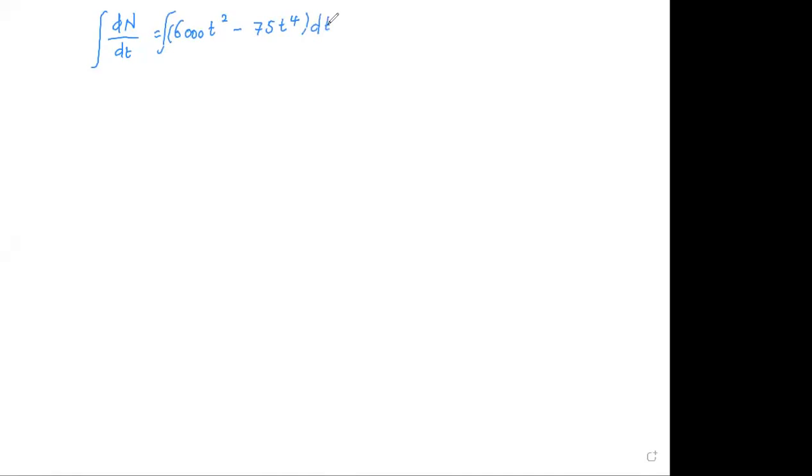So it will remain n(t) on the left. On the right, it will be 6,000. Remember, to integrate a power, you add 1 and divide by the sum. 75 t to the power 4 plus 1 over 4 plus 1 plus the constant c.